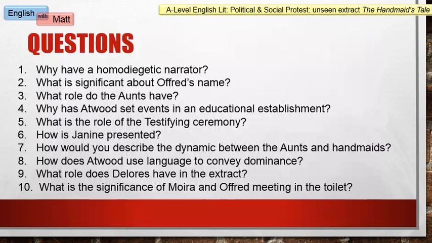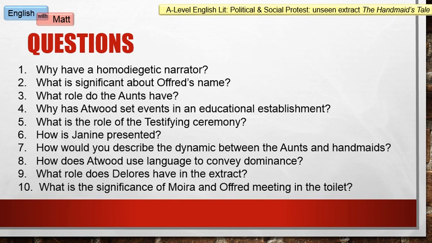So I would encourage students to have these questions in mind as they read the extract, because the answers to these questions could be particularly significant when you come to try and figure out what's going on and what it is that you want to talk about, and importantly, how the events of the extract connect to the module of political and social protest.